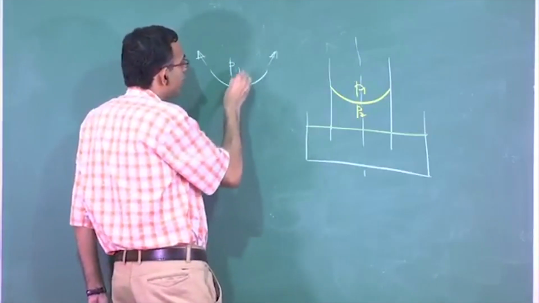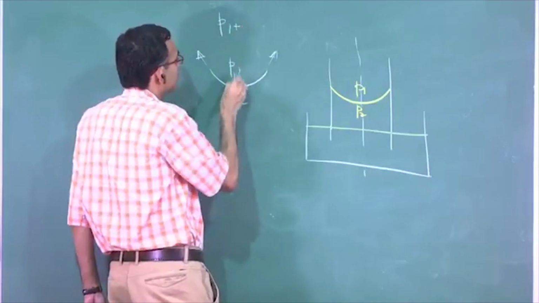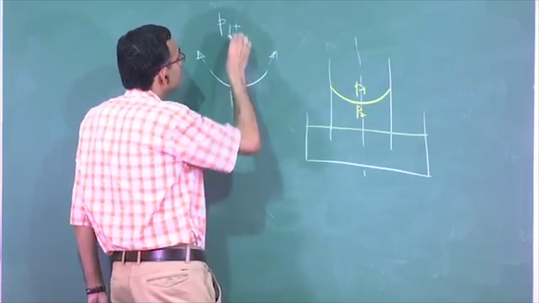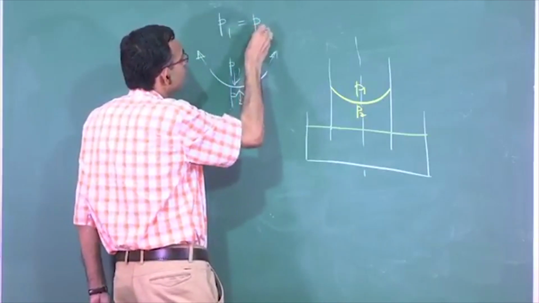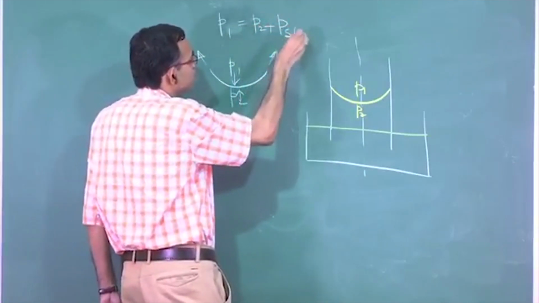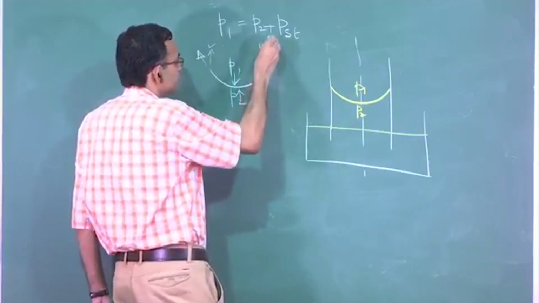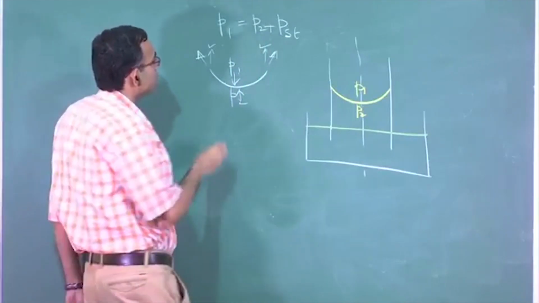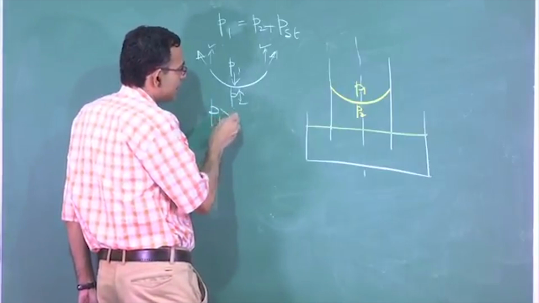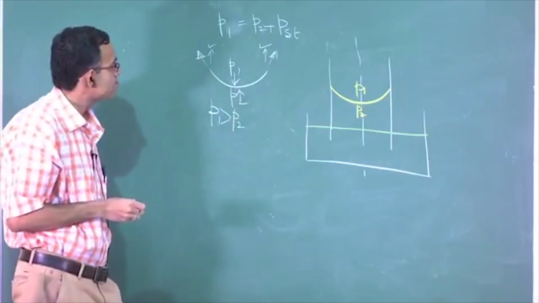So, P1 is equal to P2 plus some pressure due to surface tension, the vertical component of this. So, we can conclude that P1 is greater than P2, right.